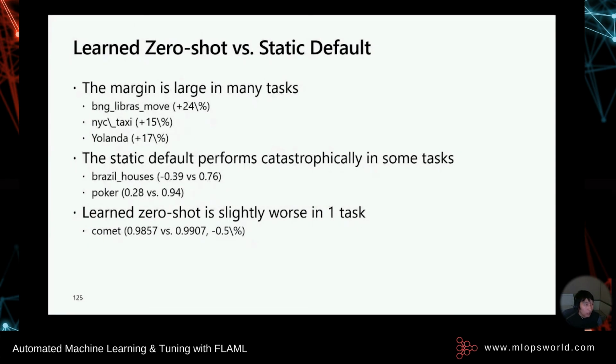The only case where the recommended zero-shot is worse than the static default is on the task commit, where the R-squared scores are within a 0.5% margin. So overall, the portfolio demonstrates a robust performance against diverse tasks and looks promising and strong as an alternative to static preset. We applied the same study to XGBoost, Random Forest, and extra trees and observed the same. And we have shared the mined portfolios and decision functions in our GitHub repo.